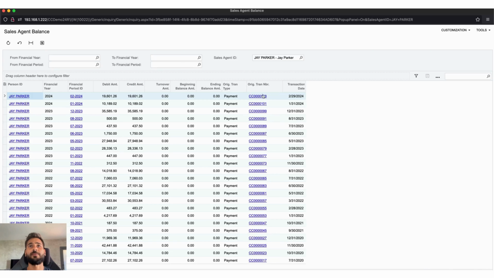We can get the information related to the payout transaction. And alongside that, we are going to find our debit amounts and credit amounts columns. The debit amount reflects the commissions earned for a particular payout. The credit amount reflects the effective payout, okay, for a particular person for a specific payout document.